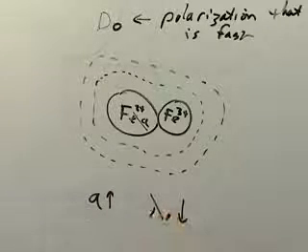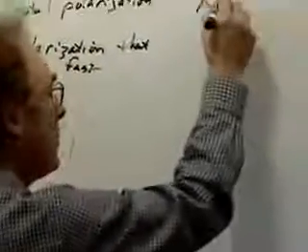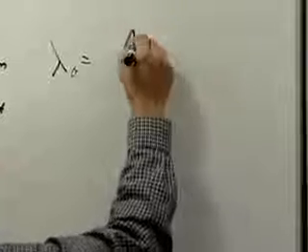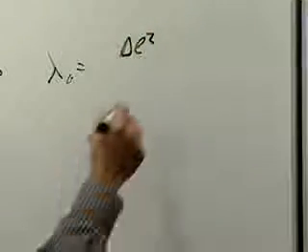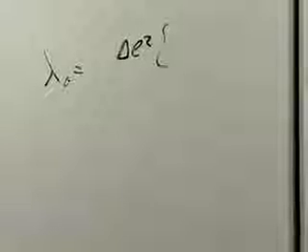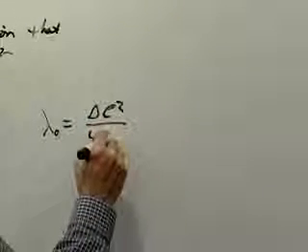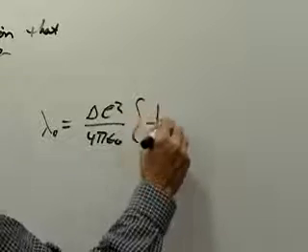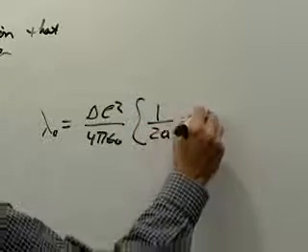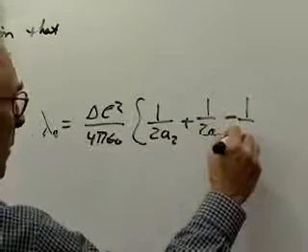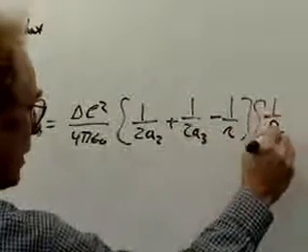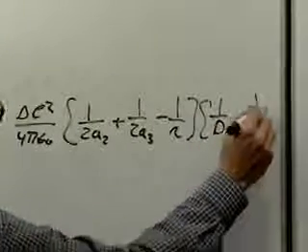would go down. And so Rudy worked out this formula, and the classical formula is that the outer sphere term is going to be delta E squared over 4 pi epsilon 0, all times 1 over 2a2 plus 1 over 2a3 minus 1 over r, times 1 over d op minus 1 over ds.